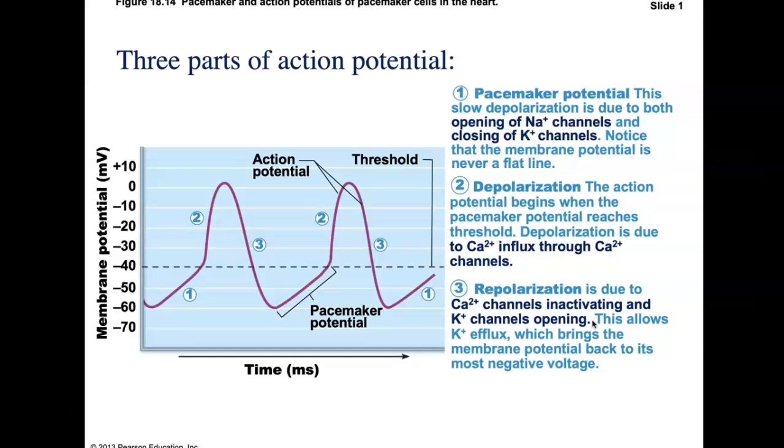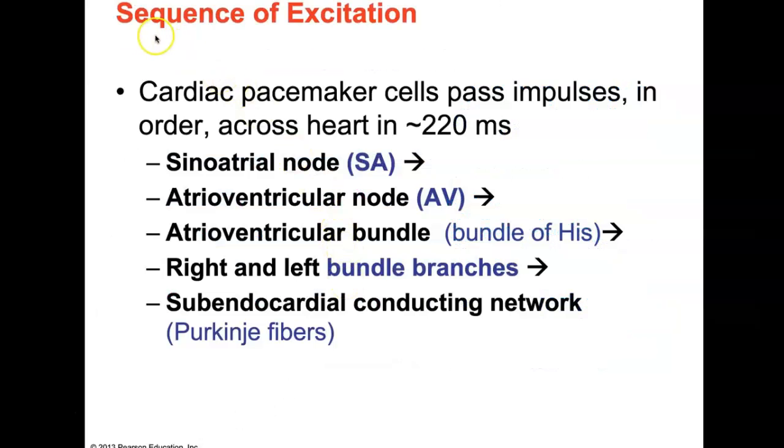The falling phase of the action potential and repolarization reflect opening of potassium channels and potassium efflux from the cell. And of course, once repolarization is complete, potassium channels close, potassium efflux declines, and the slow depolarization to threshold begins again.